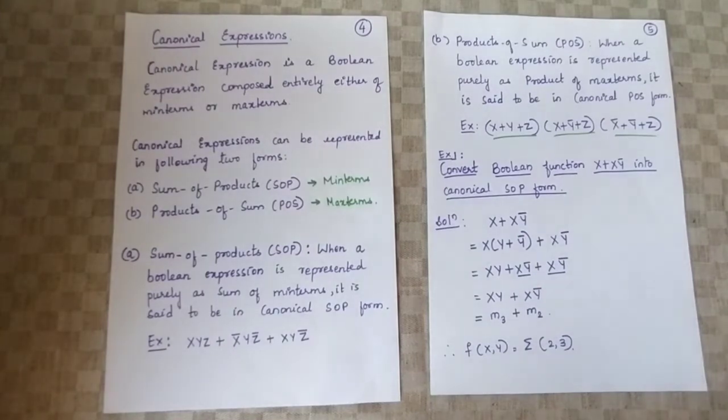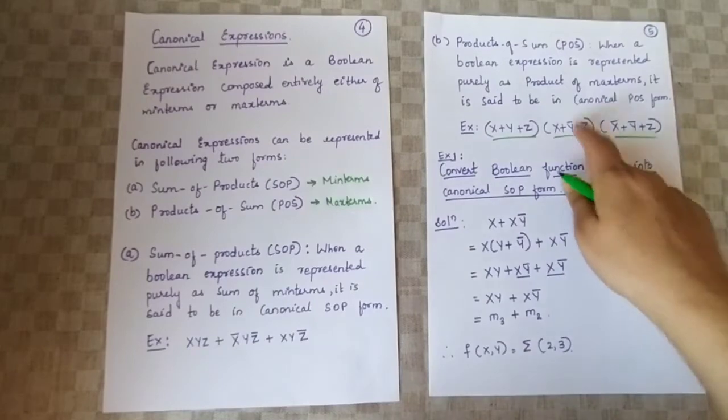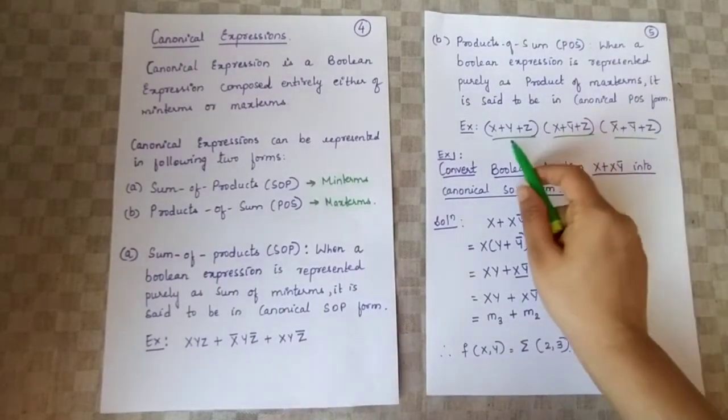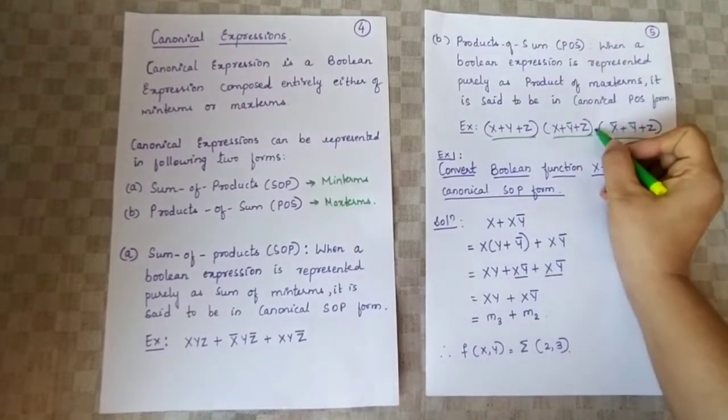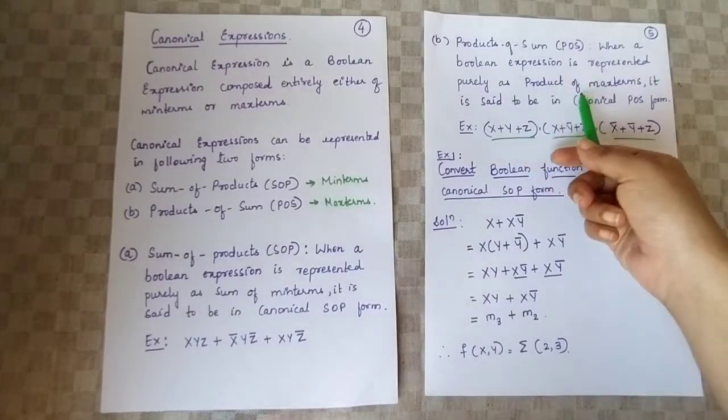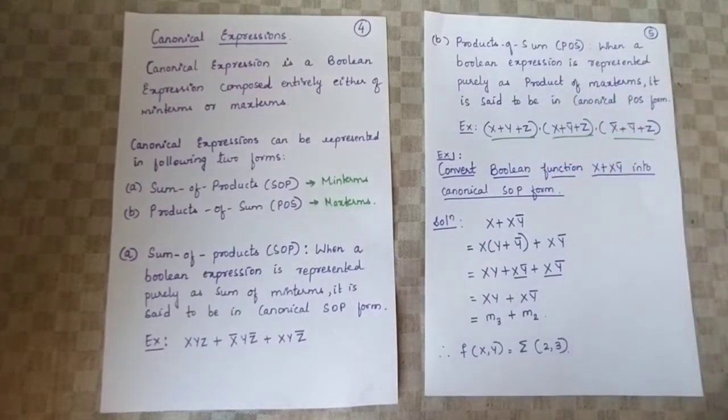They are sums of all the literals. So what is a max term? Max term is nothing but a sum of all the literals. So here all the three literals are there and they are represented as a sum. So these are max terms. And these three max terms are represented as a product. So if a given Boolean expression is represented purely as product of max terms, that is said to be in canonical product of sum form.